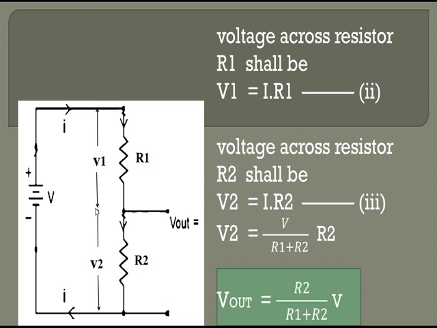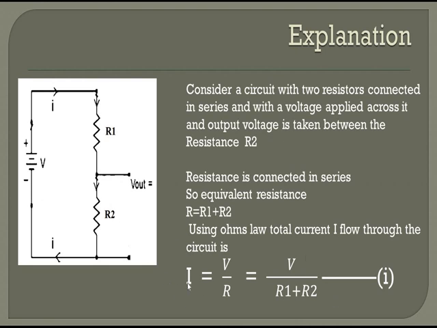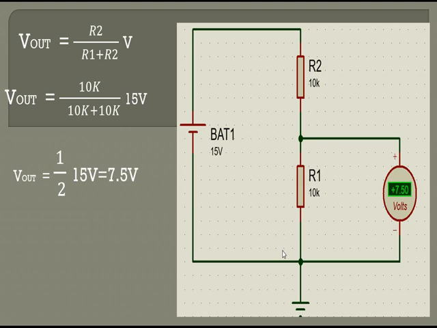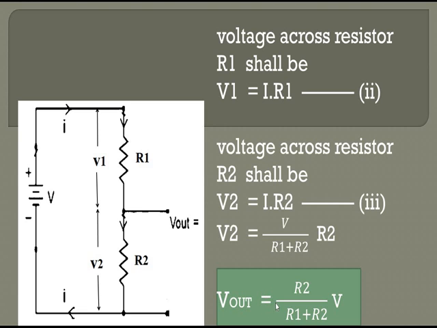Then by using Ohm's law, V1 is equal to I into R1 and V2 is equal to I into R2. Putting the value of I that we calculated, we get V divided by R1 plus R2 into R2. So the final equation is V out equal to R2 divided by R1 plus R2 into V.